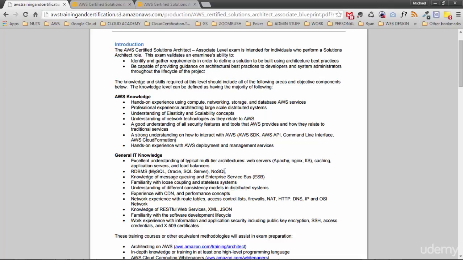Again, with databases, no tricky database questions like what does this MySQL command do, or Oracle command. But you need to know what databases are on AWS, specifically Dynamo. I've seen a few questions on Dynamo, but we will go into all this further on in the course. I just wanted to bring to your attention the command line interface questions and CloudFormation template questions.